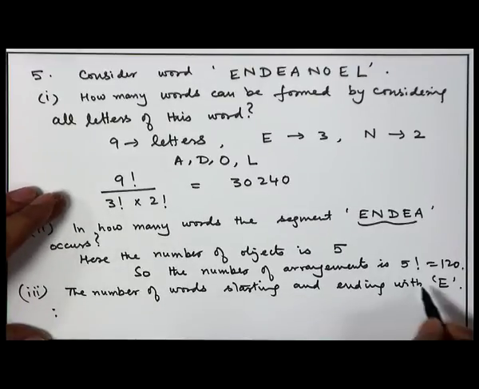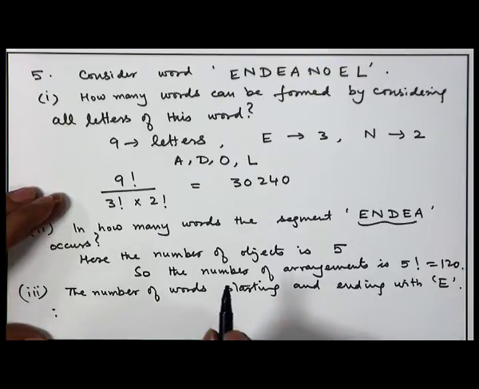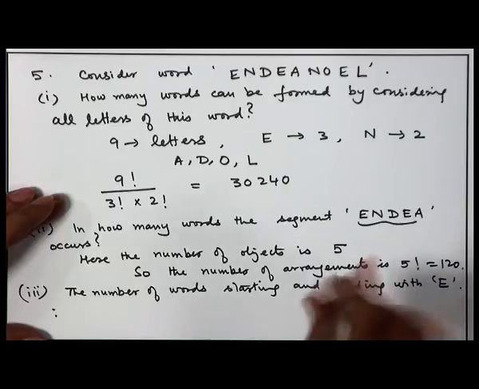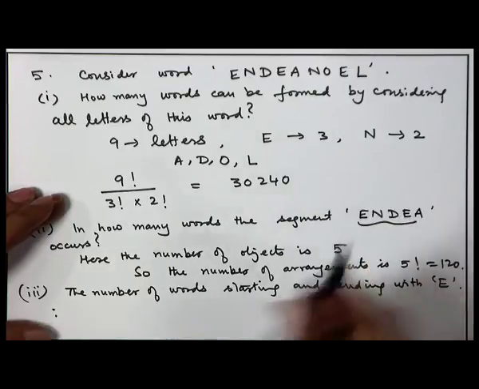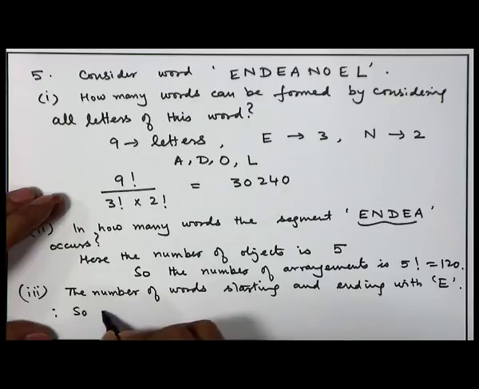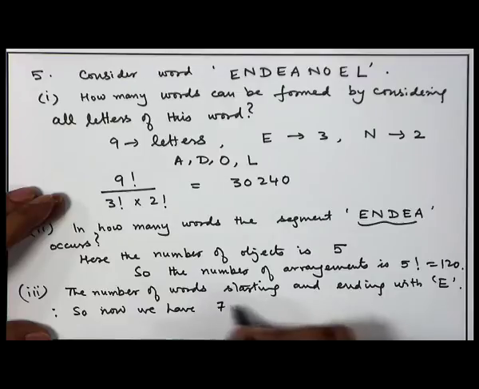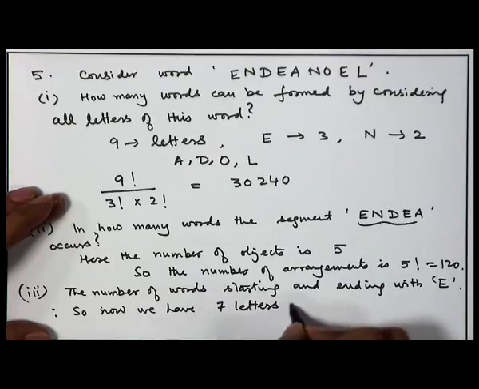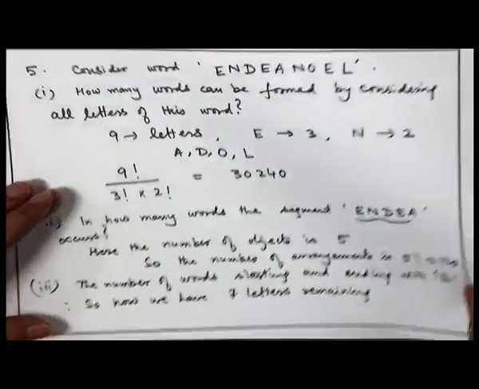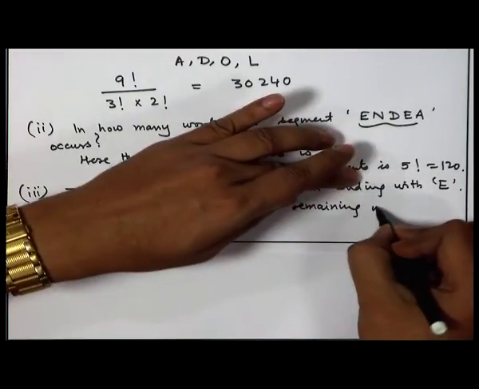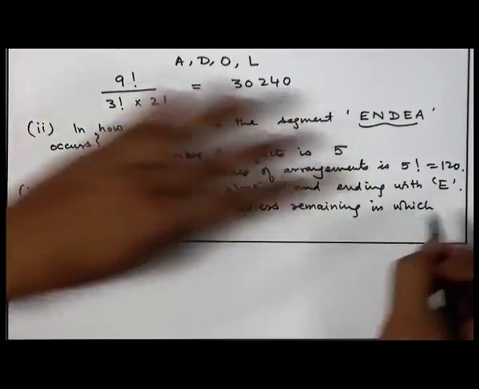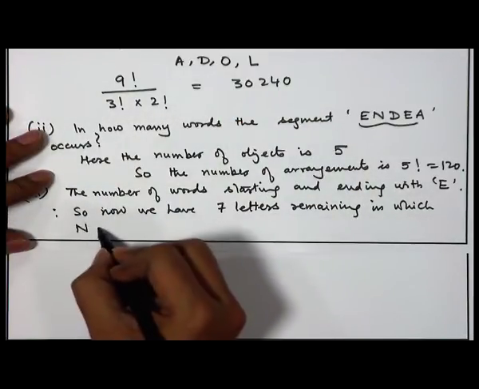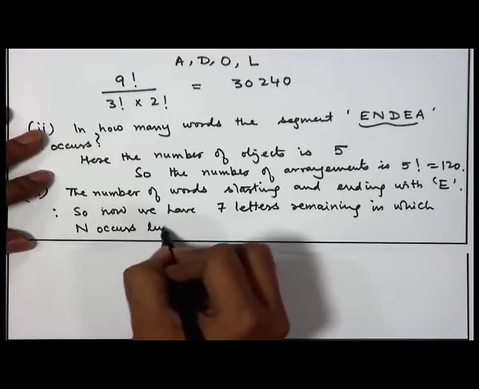If we fix the first and the last, then we are left with 7 letters, in which N occurs twice.